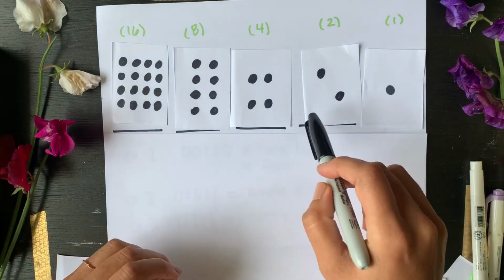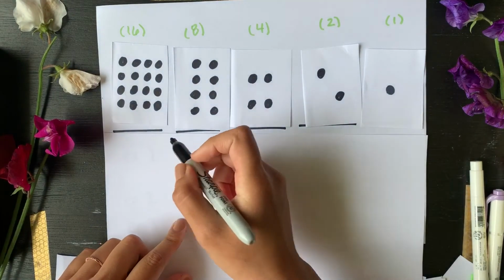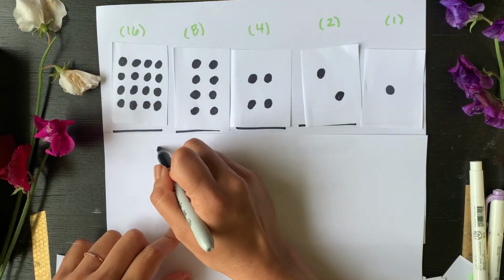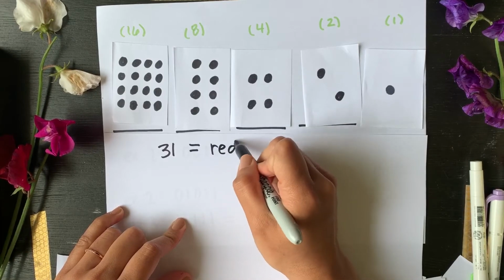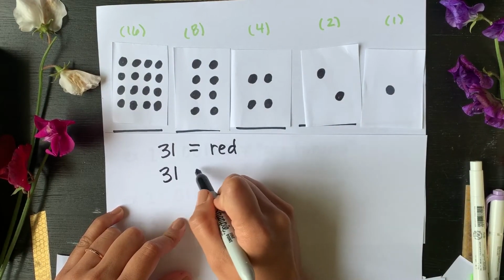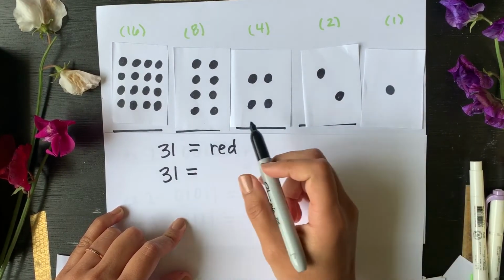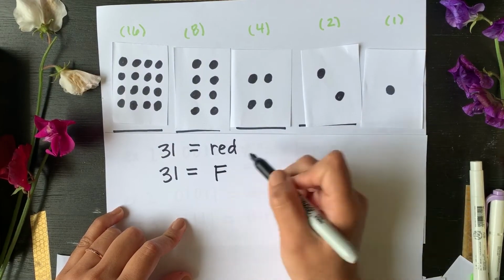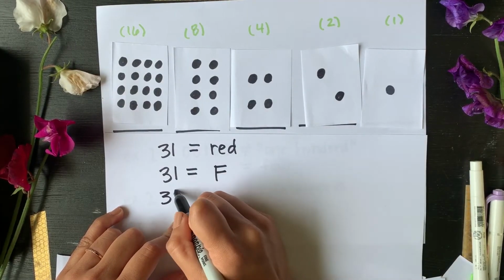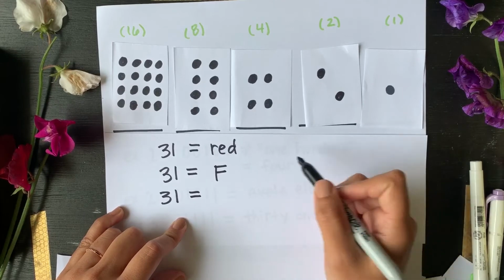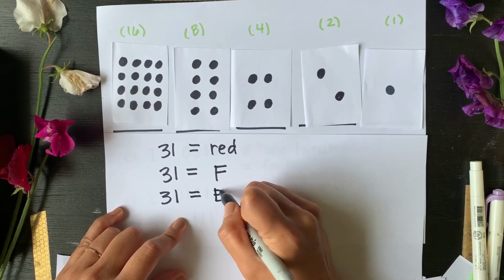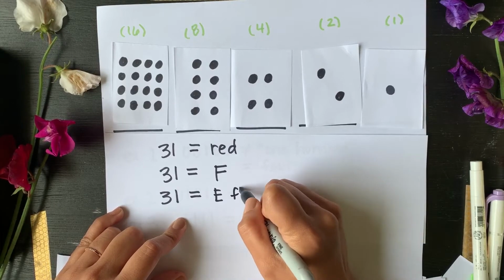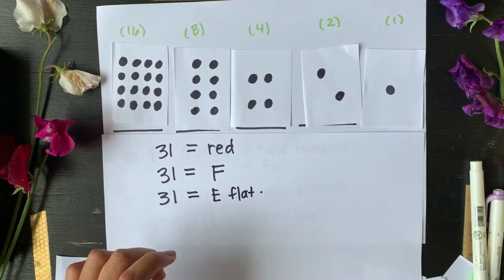Well, once we have the actual number, like in the last one, 31, we can say that that number represents the color red, or that number represents the capital letter F. Or we can assign it to the value of E flat. I don't know how to write E flat, but it could represent a sound.